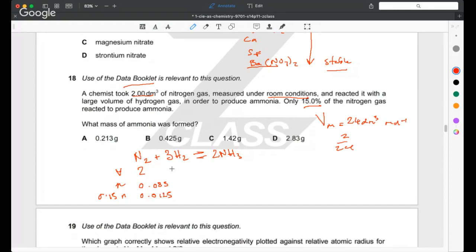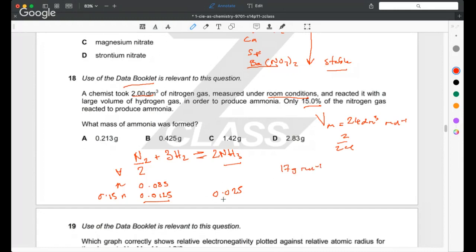Looking at the stoichiometry, for every 1 mole of nitrogen, you're getting 2 moles of ammonia. So if that number of moles of nitrogen reacted, then you'll have double the number of moles of ammonia, which is 0.025. Then you need to look up the molar mass for ammonia, which is 17 grams per mole.